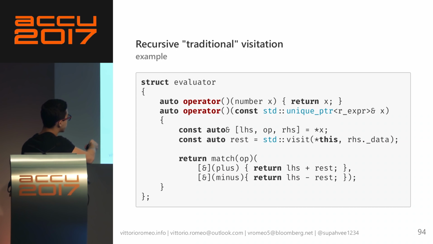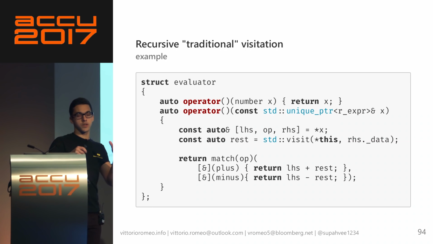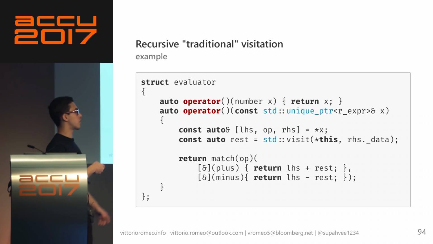Then the recursive operator call will take a unique pointer of the recursive expression and name it x. Now here I'm using structured bindings to destructure the recursive variant type into its small pieces, because if you remember, this is a tuple. And if you're not familiar with structured bindings, it's basically saying, OK, give the first element of a tuple the name LHS, the second element OP, and the third element RHS.